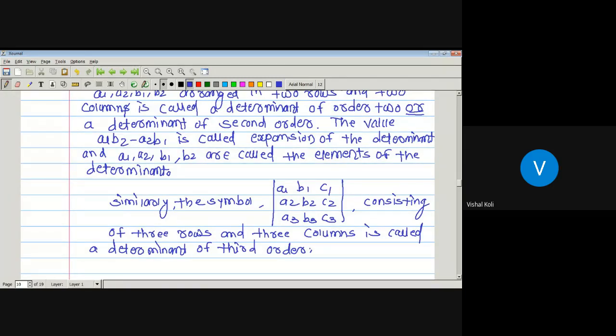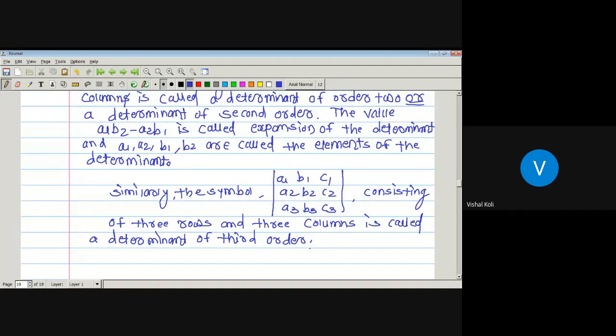Now we have to see how to find a determinant from a given matrix. So let us see.